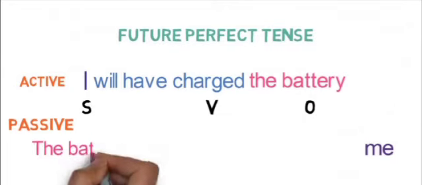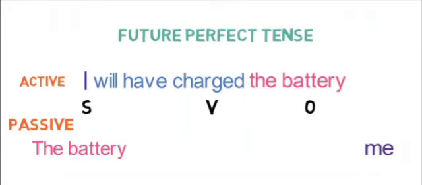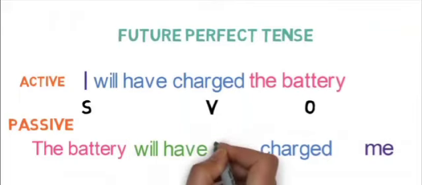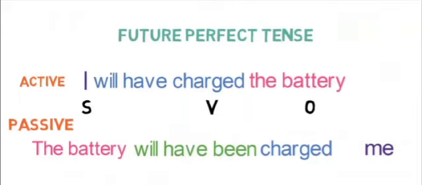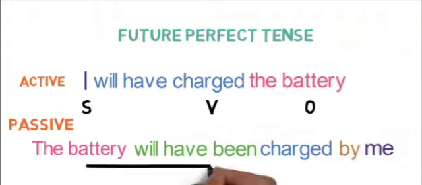The battery will come in subject's place and me will go in object's place. Third form of the verb charged will remain charged. Helping verb will be will have been, and the preposition by will be added. So your answer will be the battery will have been charged by me.